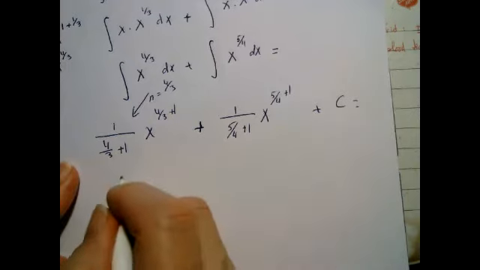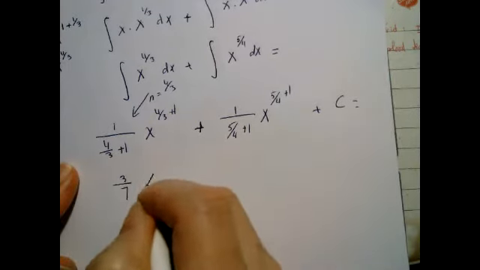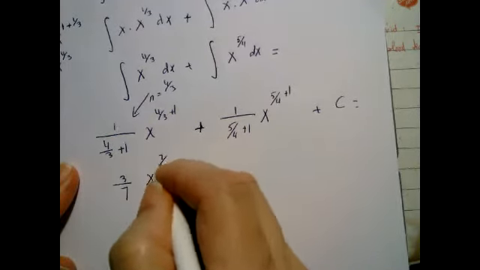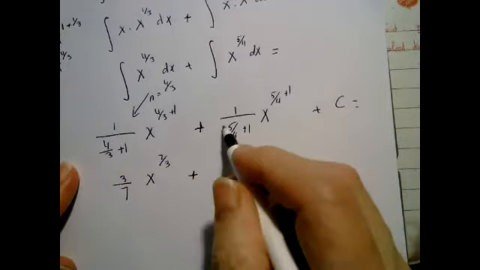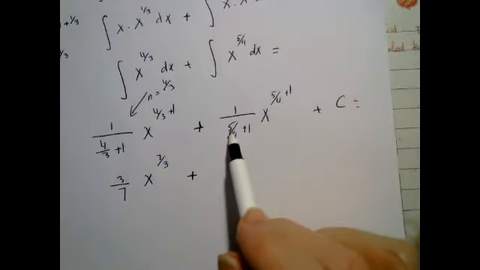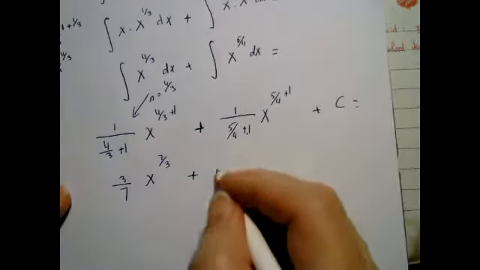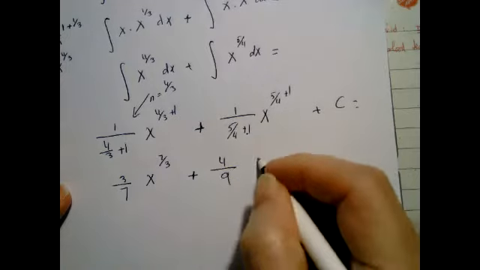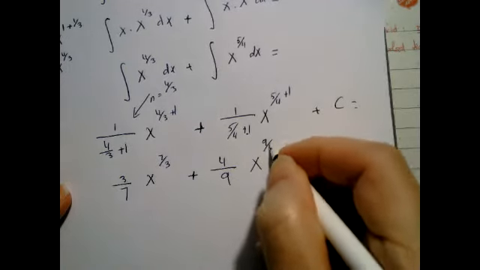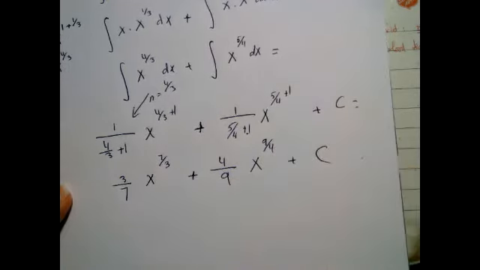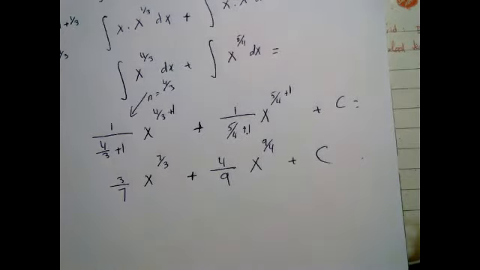That's going to give me 3/7 x to the power 7/3, plus 5/4 plus 1, which gives me (5 plus 4)/4, 9/4, so 4/9 x to the power 9/4, plus a constant. And that's the end of the problem.